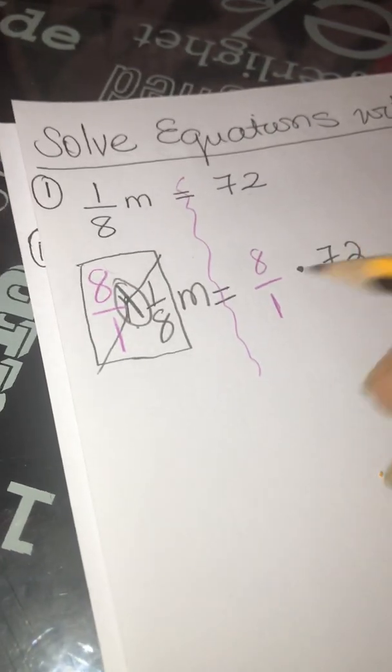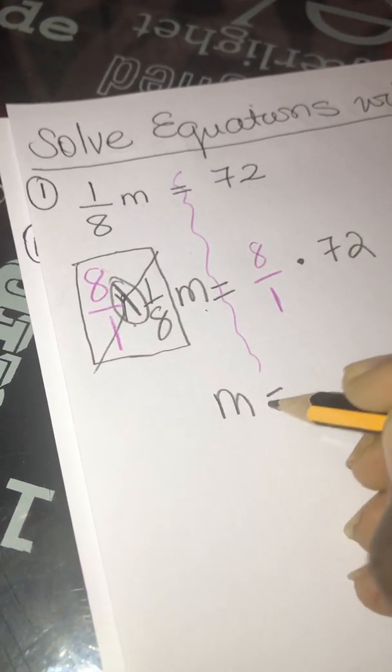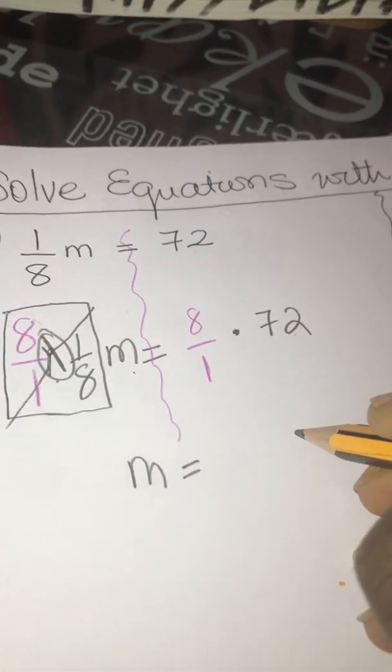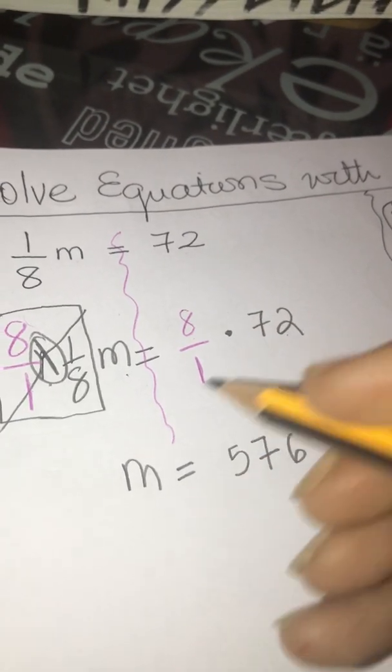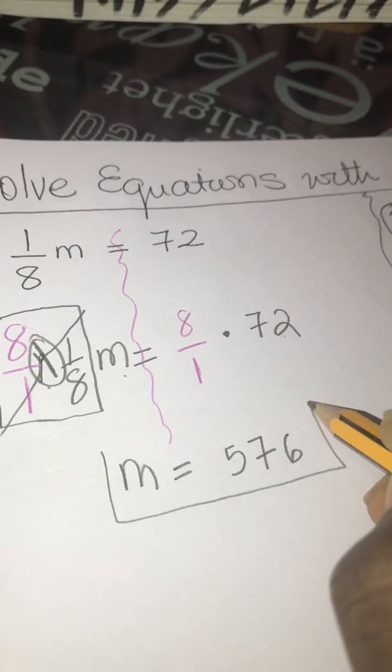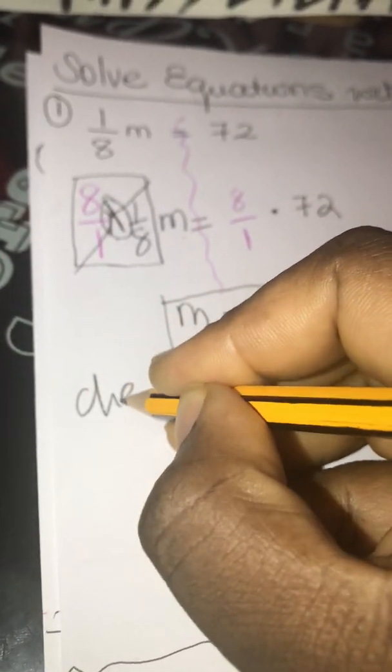Just like that. So this box is crossed. You're left with m equals. Then you multiply 8 with 72. That is 576. 576 is your answer.